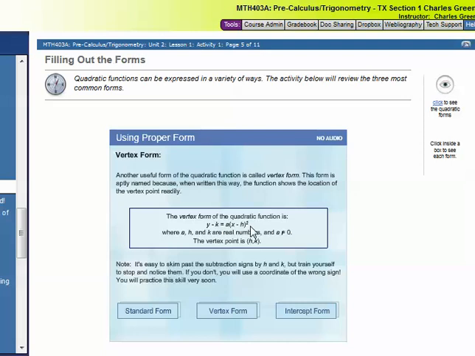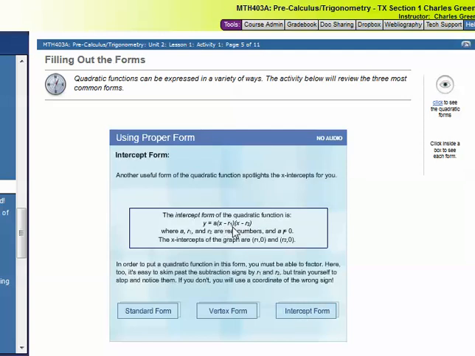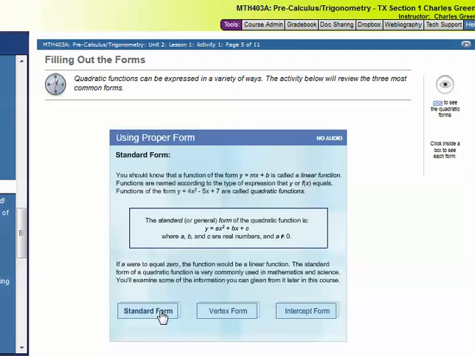Might not be real accurate, but it gets me that parabola real quickly and tells me exactly what I need to know. If I've got the intercepts here, I will plot those intercepts on there. And I'm looking at this a. That's telling me how wide it is. It's also telling me whether it points up or down. And I can sketch the parabola real quickly. If I've got the standard form, I've got the a here. That a is telling me whether it points up or down, how wide or how skinny it is. I've got this c value. That is the y-intercept.